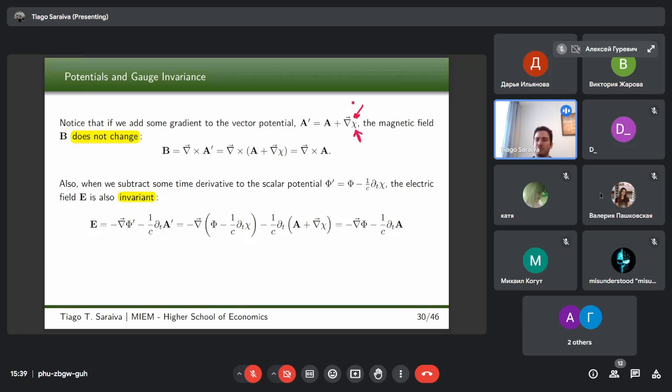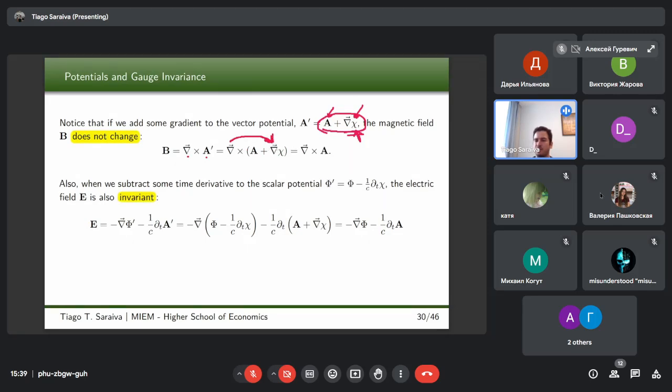This is a fundamental concept in physics, especially in Maxwell equation, because if you sum your vector potential with the gradient of something, it doesn't change the equations. For example, the magnetic field we define as the rotor of vector potential. So if you take the rotor of vector potential now after summing this gradient, again, it's trivial.